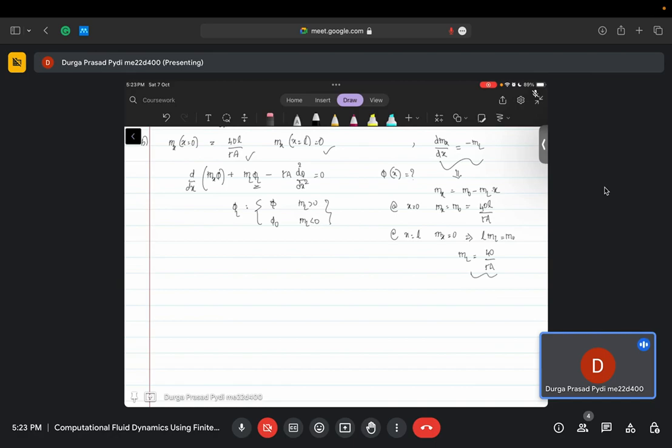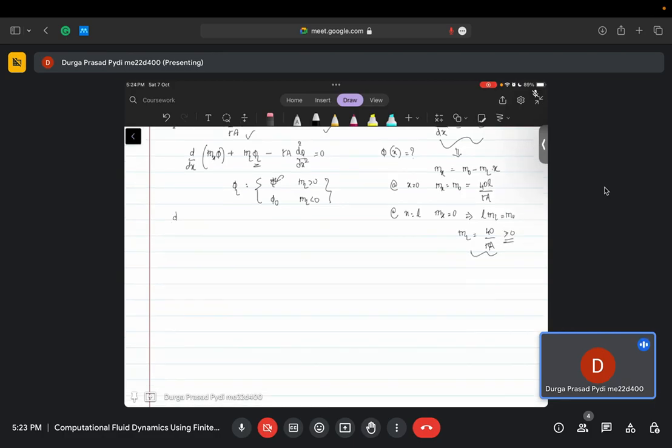Gamma is the diffusion constant and a is my area, both are positive, so this ml is positive. So for these particular boundary conditions, ml is positive. When ml is positive, I should be taking phi l to be the value of phi. So my governing equation becomes... ml is a constant.